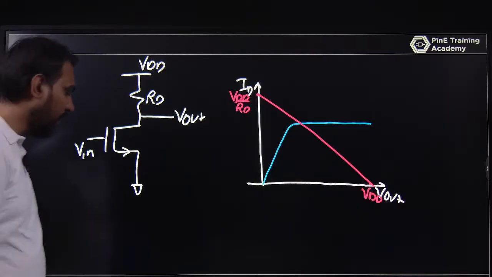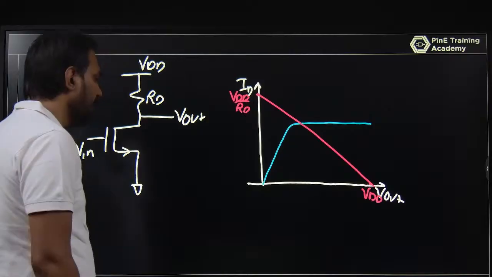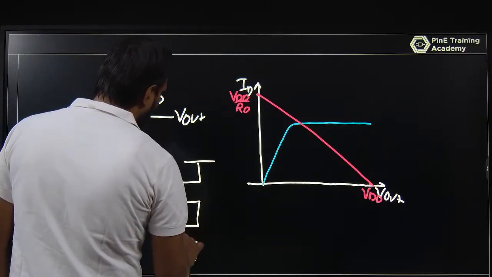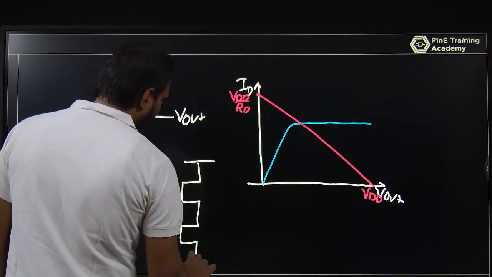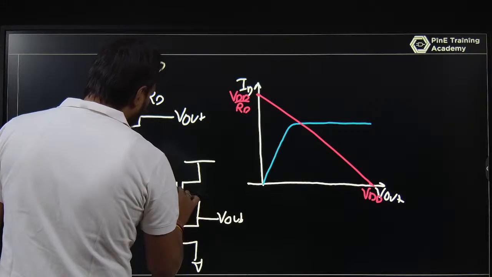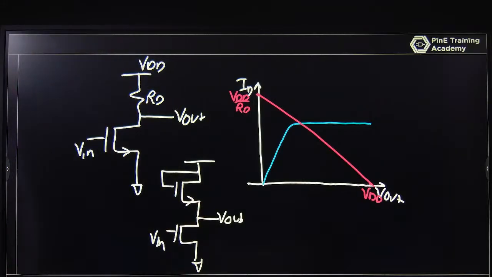But if I am using the load as a diode connected load, V input is here, and this is V out. Now I am using the diode connected load. The common source stage has a diode connected load, and let this be NMOS.